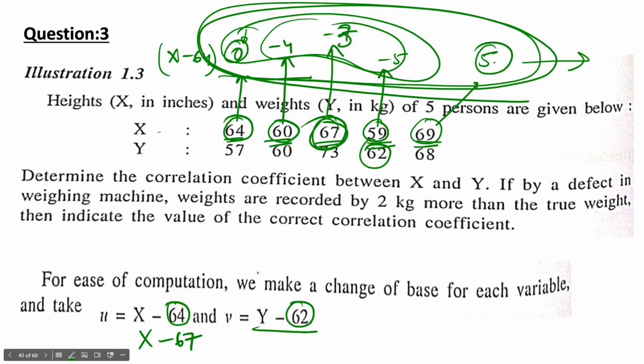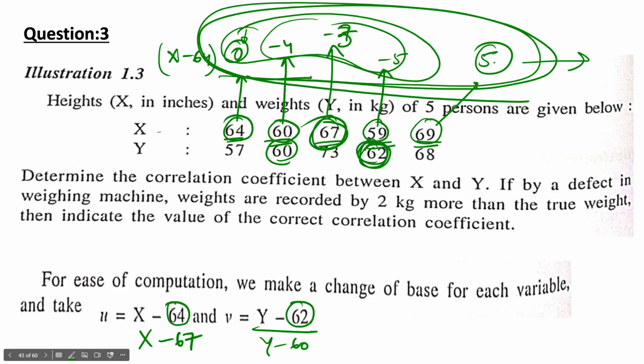Similarly, for Y minus 62, it is taken from at least the middle. You can take 60 also, Y minus 60, because 60 will give you first a negative, then 0, then positive, and 62 minus 60 is positive, 68 minus 60 again positive. But for this Y minus 60, that will give you 3 positive values, meaning your sum is increasing.